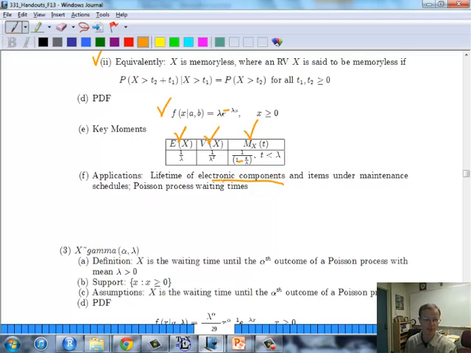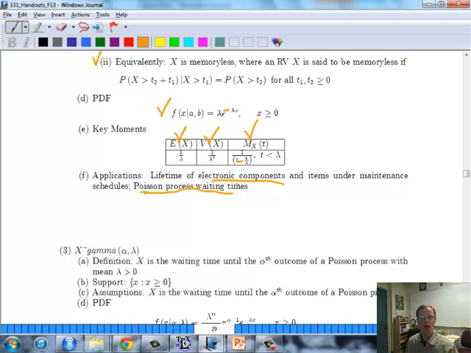Exponential has been used to model the lifetime of light bulbs. And if you have any process that follows a maintenance schedule where it's basically in the same condition as the thing goes along, then an exponential distribution could be used to model its lifetime as well. Okay, and of course it's designed to model Poisson process lifetimes. Okay, so boom, there's number 2.